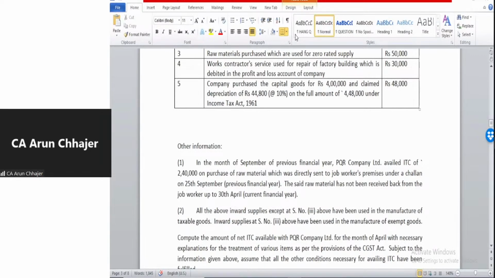No answer. I have received one answer that ITC is not allowed even for export if it is exempted.